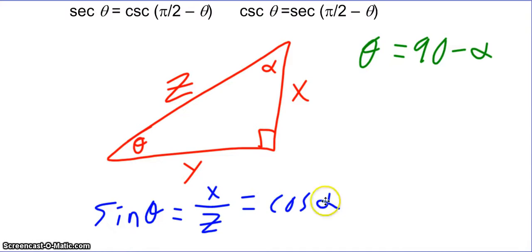And I know the relationship between theta and alpha is theta is 90 minus alpha, or alpha is 90 minus theta. So here I can see where those cofunction identities come from. I could write out equations like this for the rest of them as well. You can do that on your own if you want to prove it to yourself.